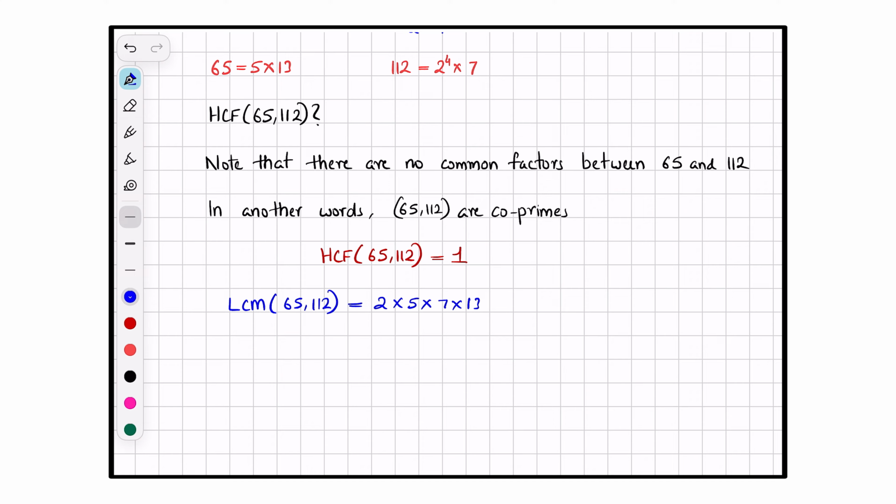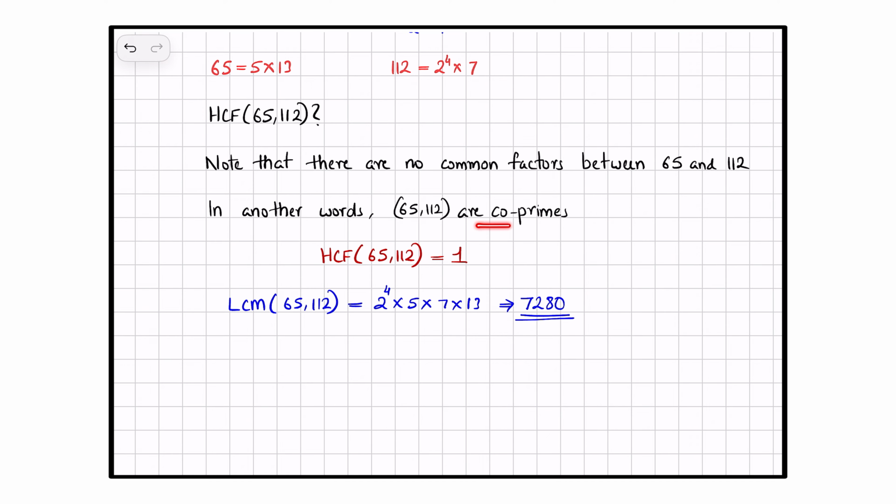Now let us write the highest power of each factor. So for 2 it is 2 power 4, and for the rest of them it is simply 1, and you just have to multiply all these numbers. I'll leave it as an exercise for all of you. Anyway, I will do it, and that will come to be 7280.